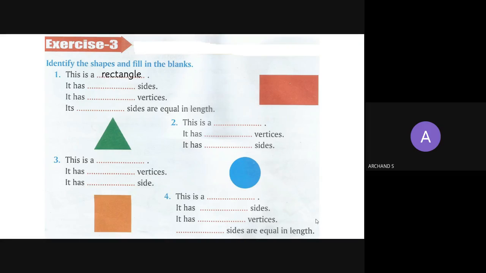It has 4 sides. Others can write. How many vertices? How many corners? Count the corners. 1, 2, 3, 4. Very good. And which sides are equal in length?